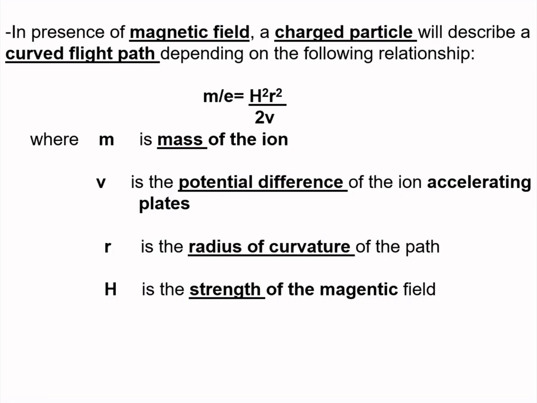M over Z ratio equals H squared multiplied by R squared over 2V. Mass over charge, here M over E, equals the mass because the charge is unity, 1.